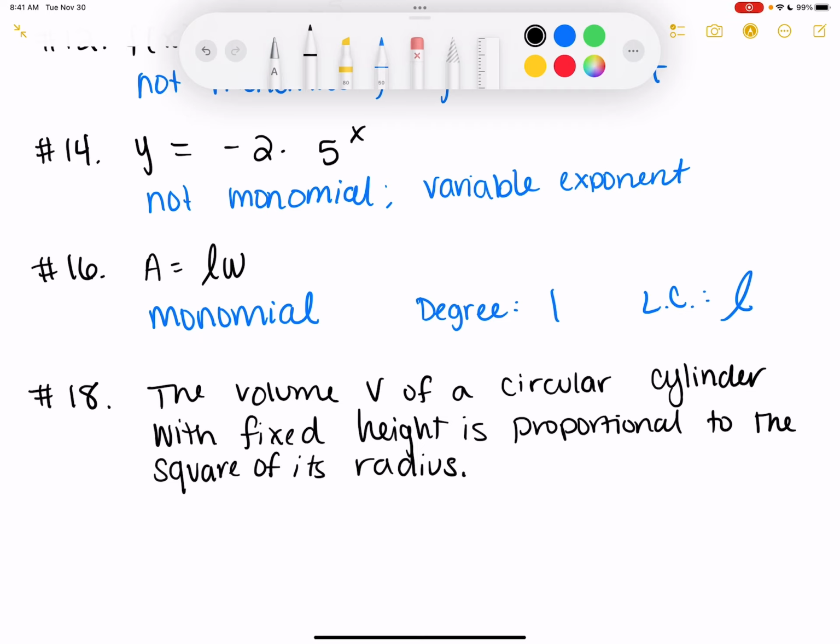A key piece of information here is that this is a fixed height. It didn't tell us what constant of variation to use, so that means we're using k as our constant.